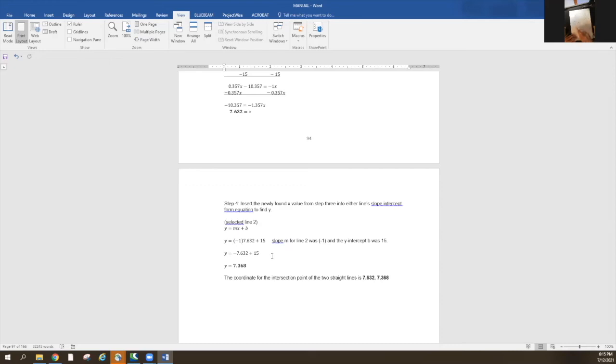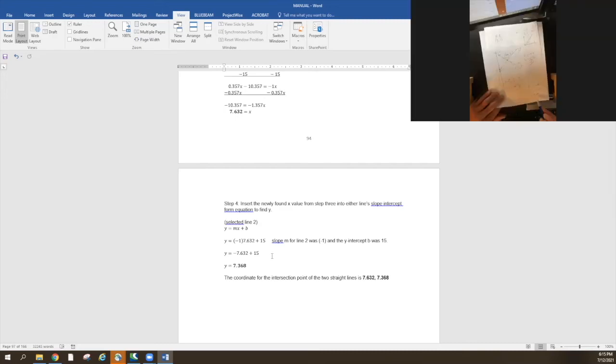So let's use this line, the line with the slope of 0.357 and the intercept of 4.643. These are the two values that I'll need to plug into this equation. I could do it with this line too.